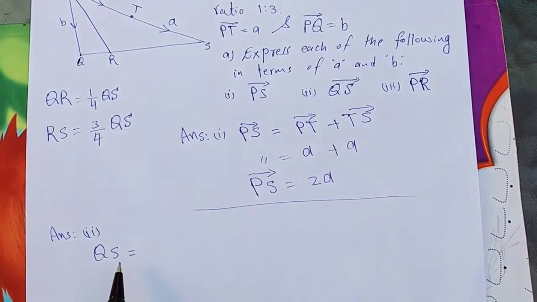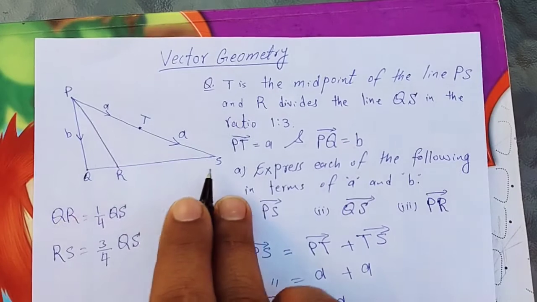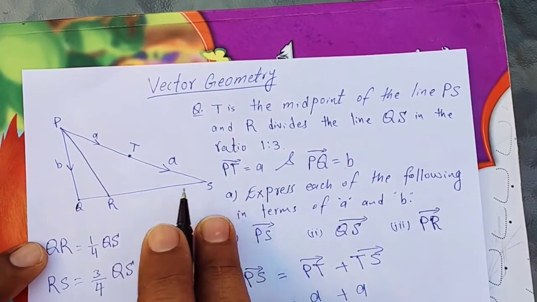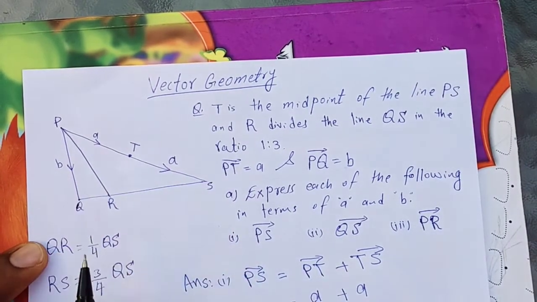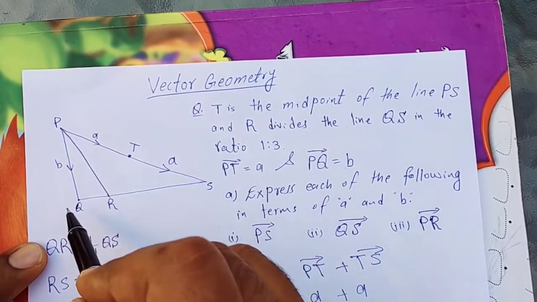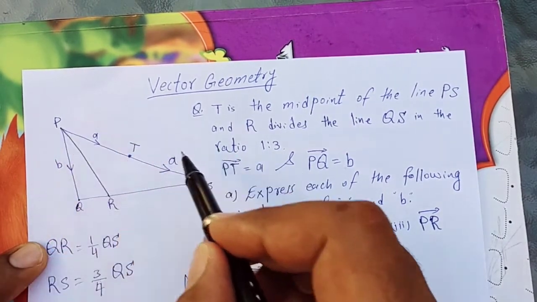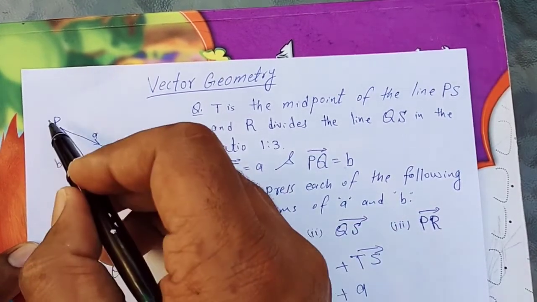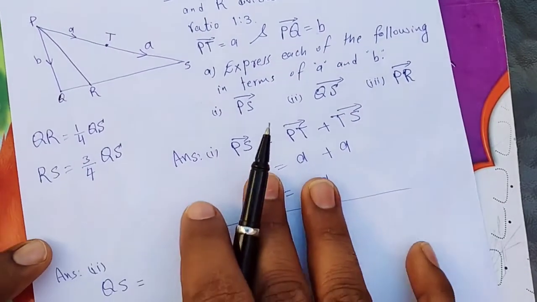Now the second thing, what is QS? What is line QS? We are going to find QS in terms of A and B. So for QS we will go to QP first, then PS. QS equals QP plus PS.